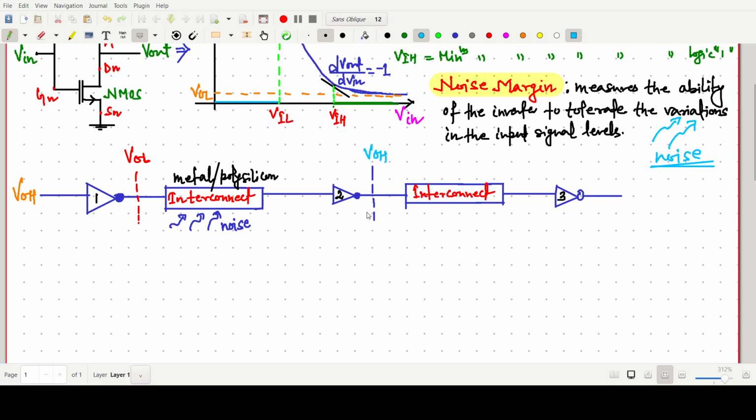We need a high output value for a better result, but some noise is introduced in the interconnect.